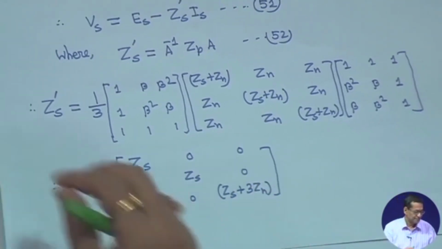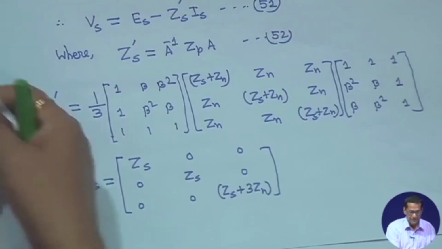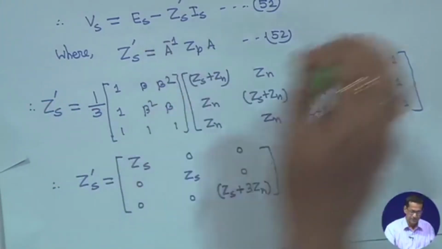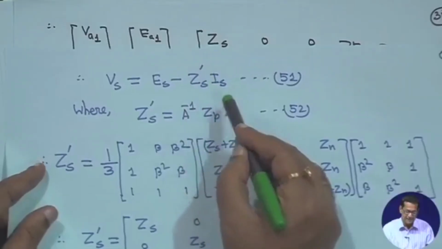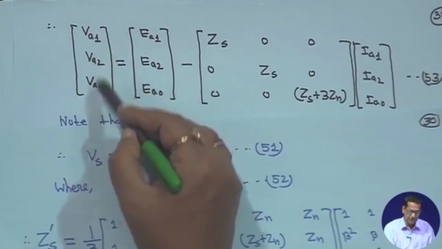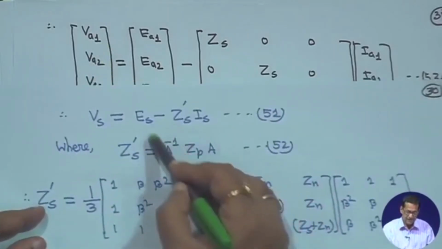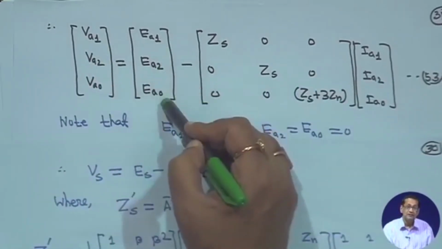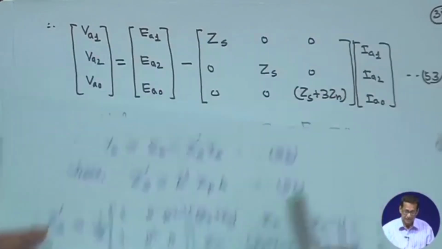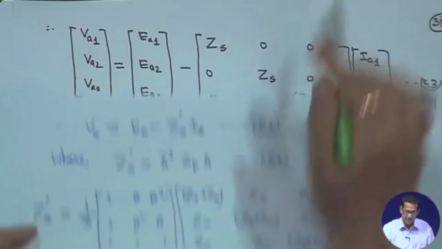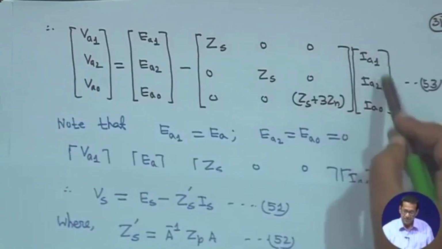That means from this equation, Vs is equal to Es minus Zs dash Is. So Vs is actually Va1, Va2, Va0, your Es is actually Ea1, Ea2, Ea0, minus this Zs dash matrix into Is, Ia1, Ia2, Ia0.